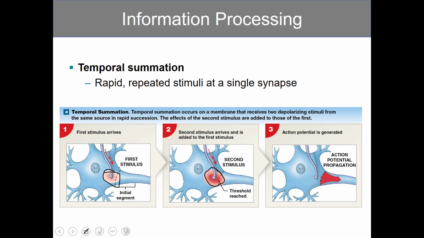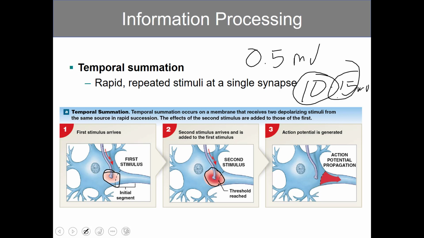Each individual EPSP or IPSP will only change your transmembrane potential by about 0.5 millivolts. And remember, in order to reach threshold, you're looking at 10 to 15 millivolts. So at the bare minimum, you're going to need 20 to 30 EPSPs to get that membrane to threshold.